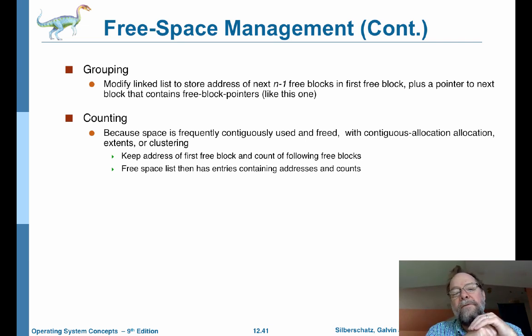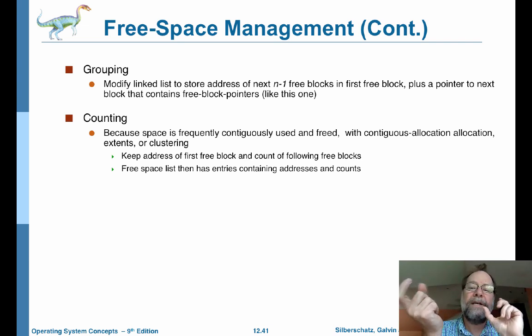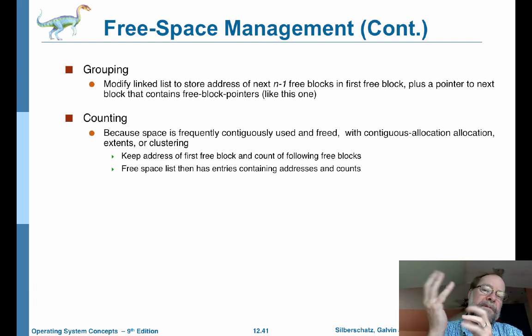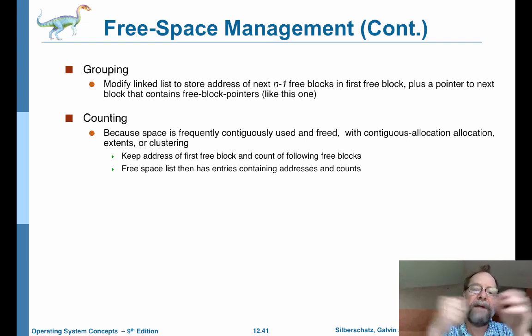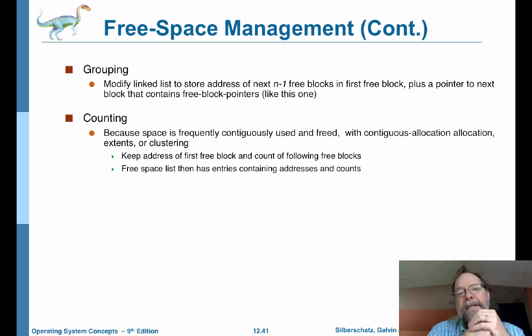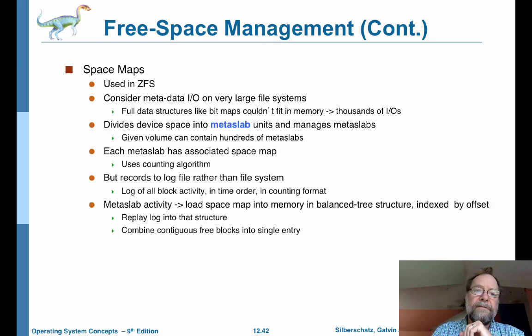You can also try to be careful about your allocation of contiguous blocks. Always try to make them adjacent to each other as much as possible to minimize the number of holes, that is, the number of free sections of memory that you're creating. So try to keep that all clustered together. So there are different kinds of clustering techniques that can be used to improve the overall performance of your free space techniques.